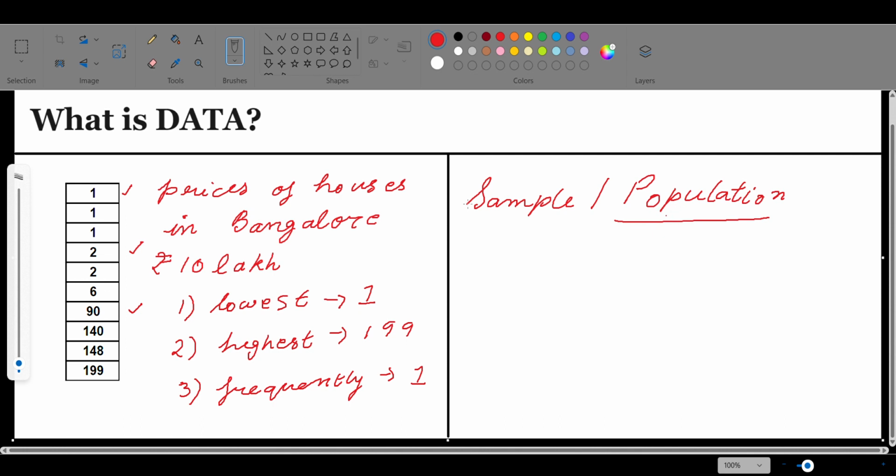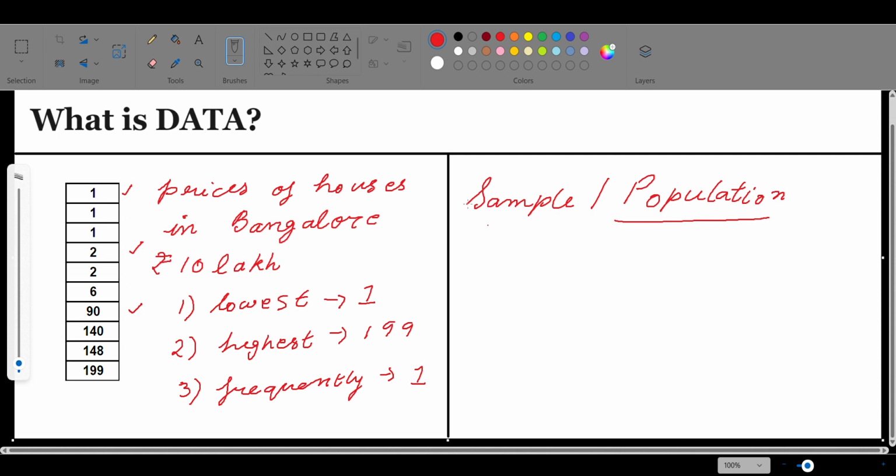Not really. Finding every single house's prices, first of all, collecting the data would be very tough. Second, it would be very difficult to sort these prices, to store these prices, everything. And then you would find places where you might not even get the exact price of the house.